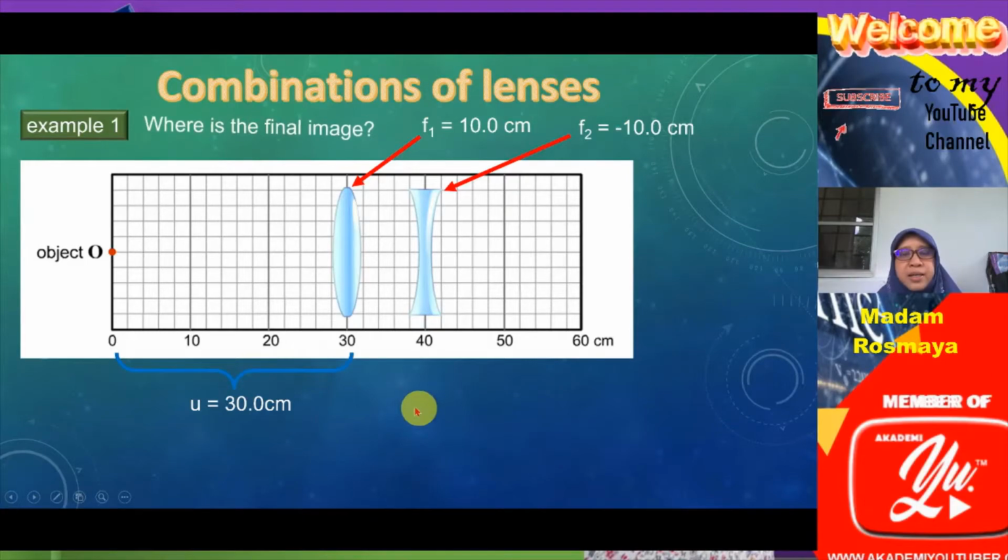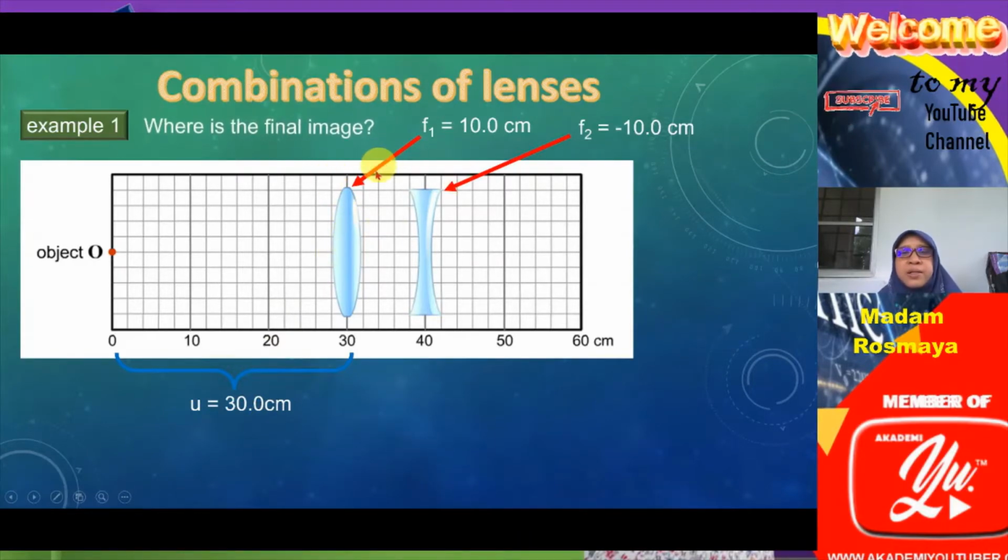So we try this question for the combination of a convex lens and a concave lens. We are going to determine the final image if the object is at a distance of 30 cm from the convex lens.